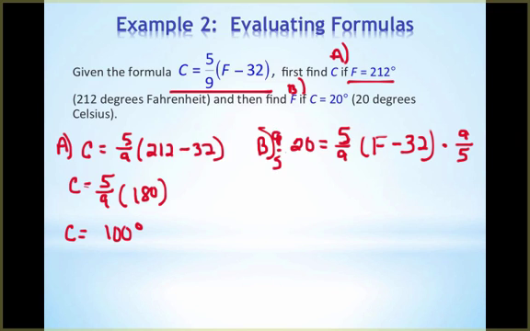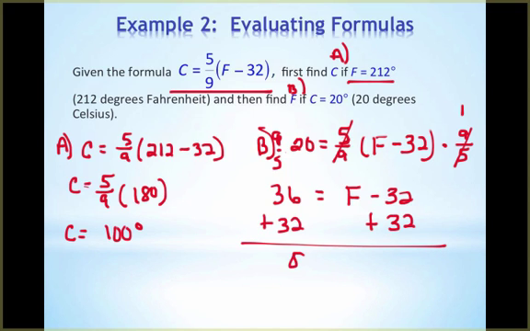And that way we can simplify the 5/9 times the 9/5, and that's going to leave just F minus 32, because these two will multiply to give me 1. And then I could do 9/5 times 20, which is going to be 36. And now to find the Fahrenheit temperature, I can add 32. So the Fahrenheit temperature would be 68 degrees. So if you're 20 degrees in Celsius, that's equivalent to 68 degrees in Fahrenheit.